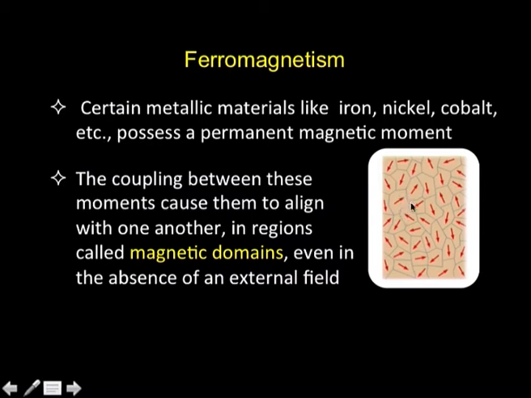That means, in this particular part of the material, all the neighboring atoms have their magnetic moments aligned in a given direction, such that the sum total can be represented by this arrow. This arrow indicates the bulk magnetization of all the magnetic moments in this particular area of the material. Similarly, we have another one there, yet another one, and so on and so forth.